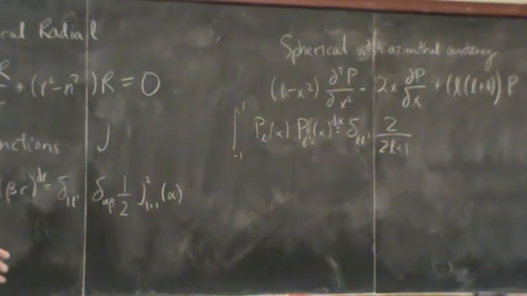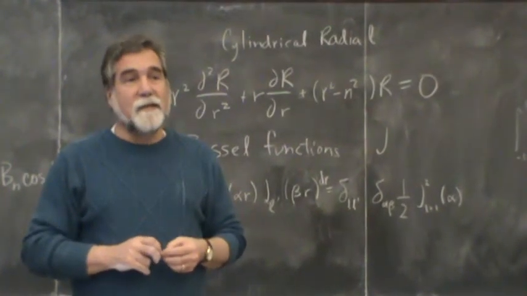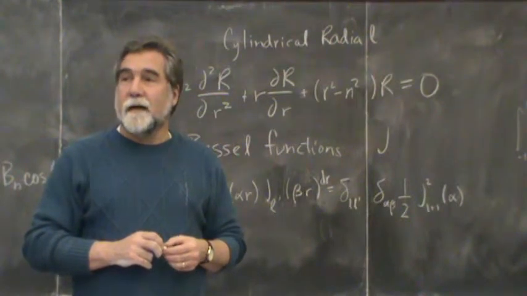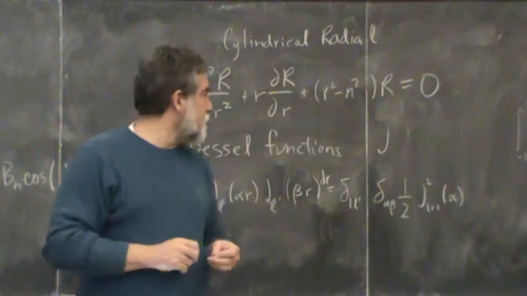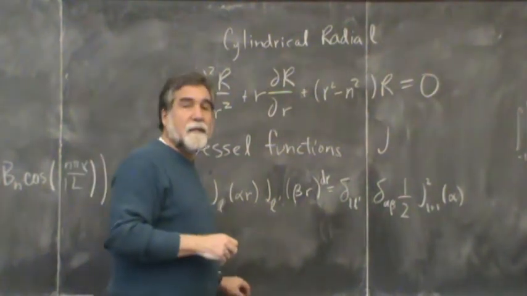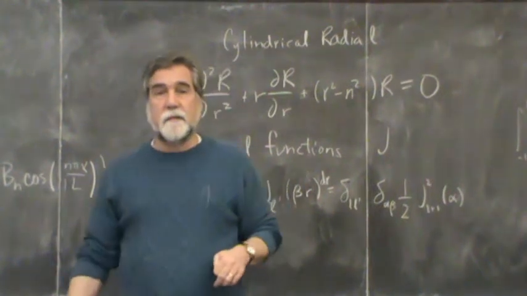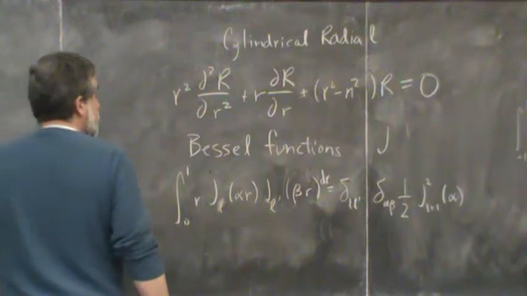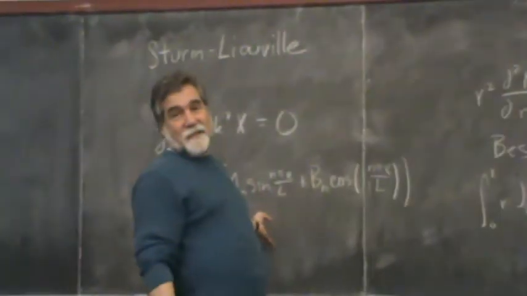There are others, but these are the ones that you're going to need in this course: quantum mechanics, and I'm trying to think whether you use them in theoretical mechanics or not. But you certainly use these in electromagnetic problems and quantum mechanics. I don't think we use them in TMAC.